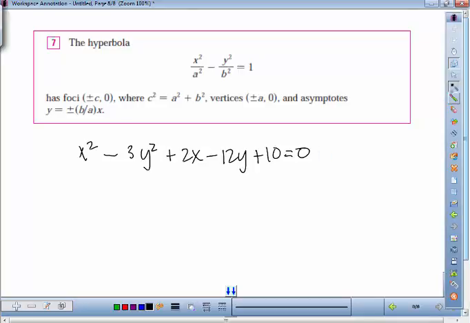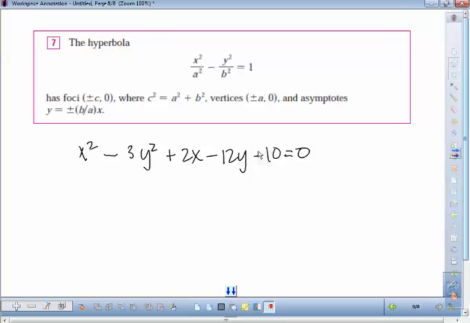Maybe let's make this a minus 10. So it's almost the same, I'm just switching little things around. So if I do this, when I complete the square, the y squared is going to be negative, right?